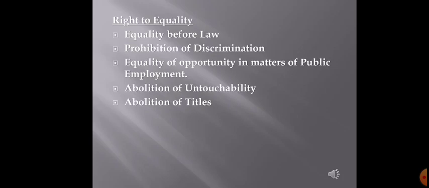However, the award of Bharat Ratna or Padma Vibhushan, says D.D. Basu, cannot be used by the recipient as a title and does not accordingly come within the constitutional prohibition. So in this way, we have learned about the first category of the fundamental rights, equality before law.